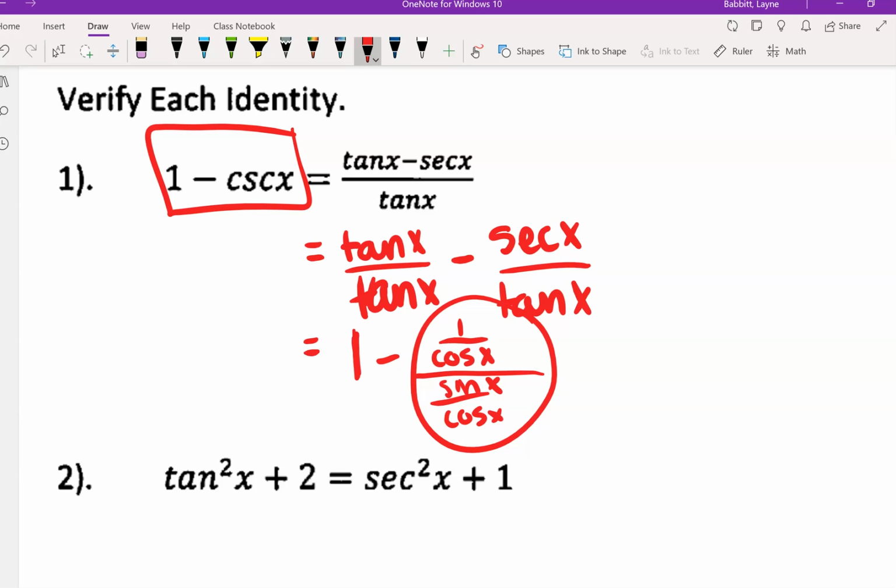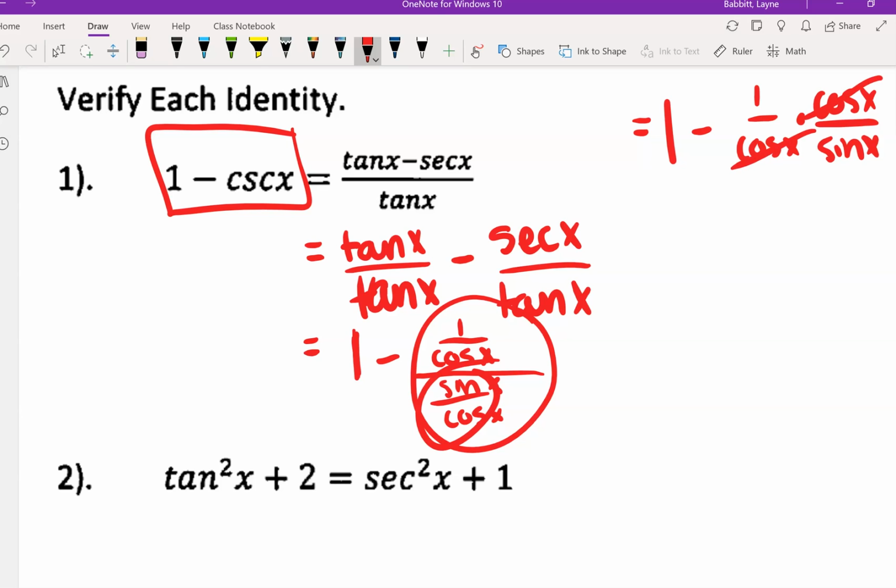Remember, dividing fractions is the same as multiplying by the reciprocal, so 1's going to stay the same, and then this is going to become 1 over cosine x times cosine x over sine x. I just flipped the second fraction, and now I'm multiplying. The cosines will cancel. I'll be left with 1 minus 1 over sine x, which means I'm so close.